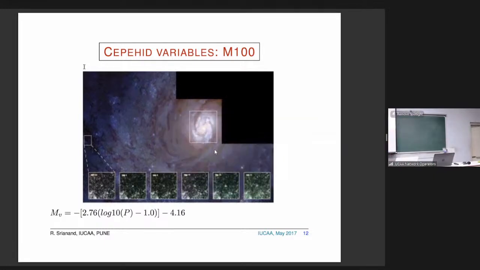Then I introduced the concept of Cepheid variables, and we said why there is pulsation, and we understood that the pulsation has to be related to the property of the star itself, because the whole thing is triggered by the fact that the star can absorb photons, thereby getting momentum from all the absorbed photons.